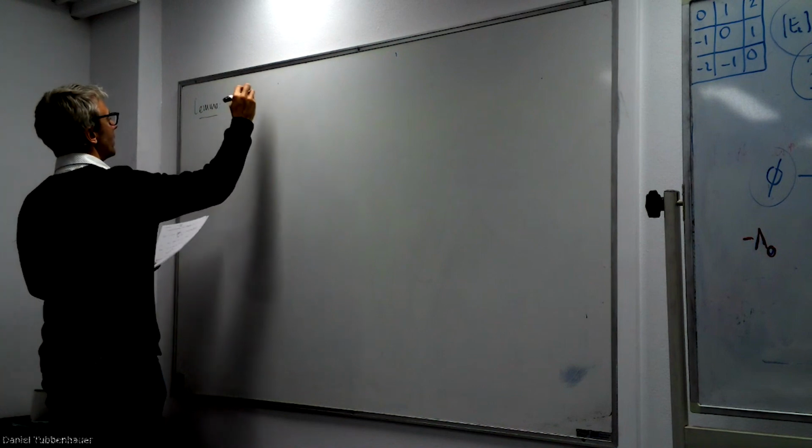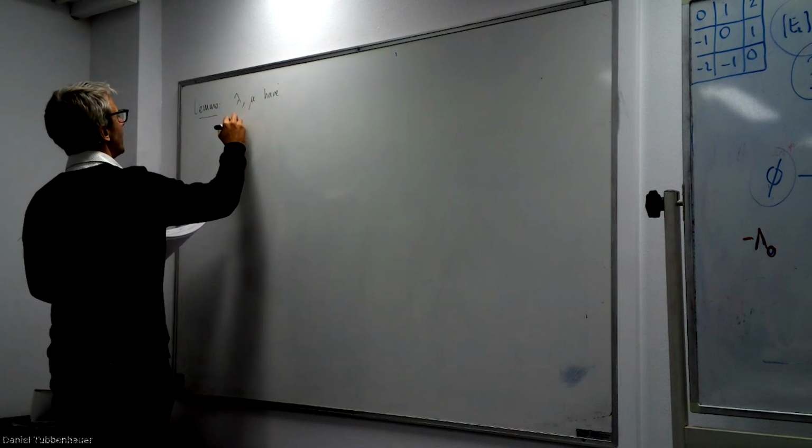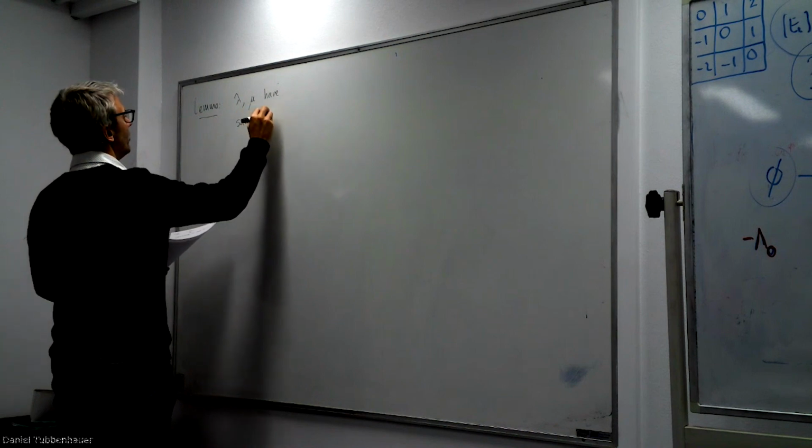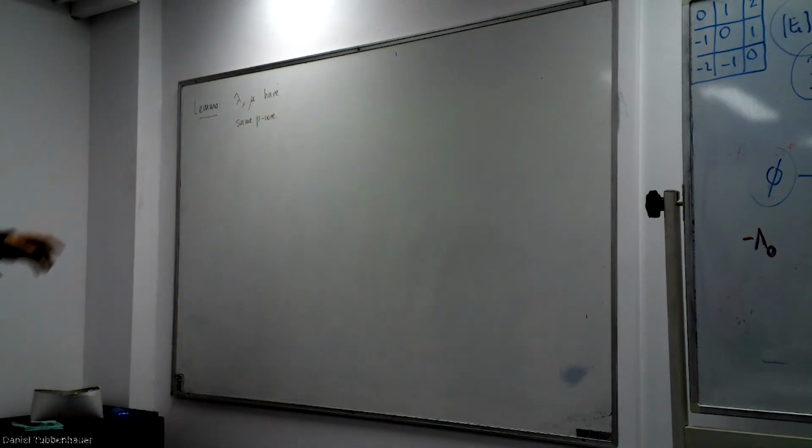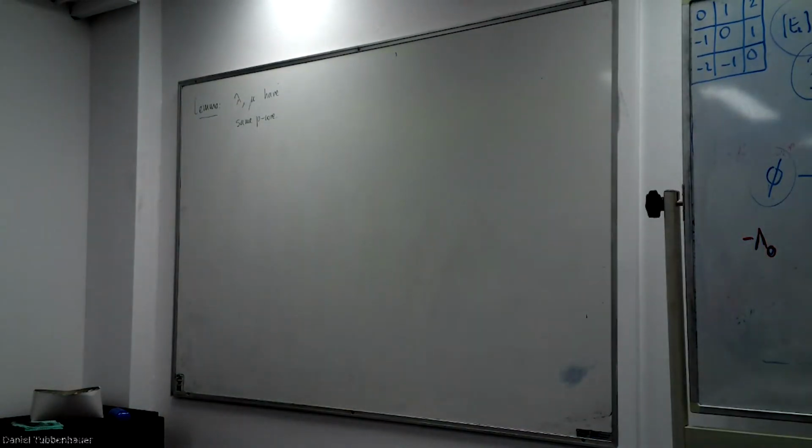So lemma: lambda and mu have the same P core. I didn't say what the P core of lambda is. Maybe this is not correct language, but the P core of lambda is: keep removing P ribbons until you can't any more, and what you're left with is the P core, and it doesn't depend on any choices.